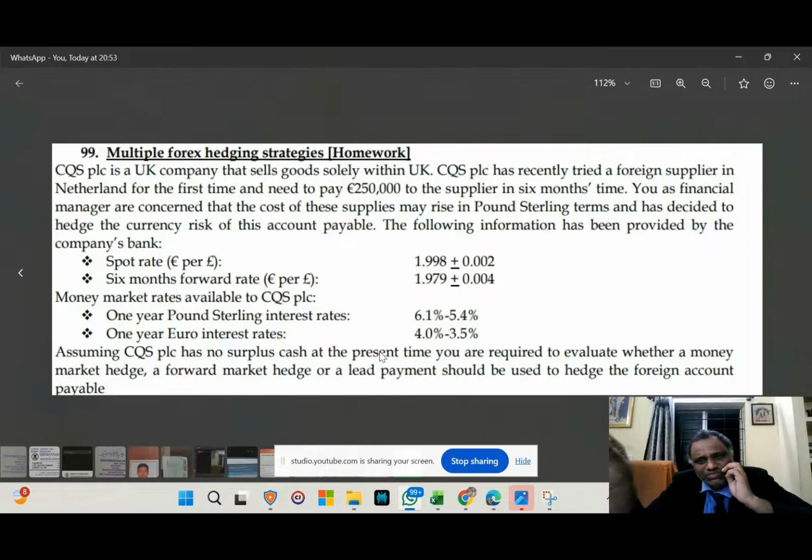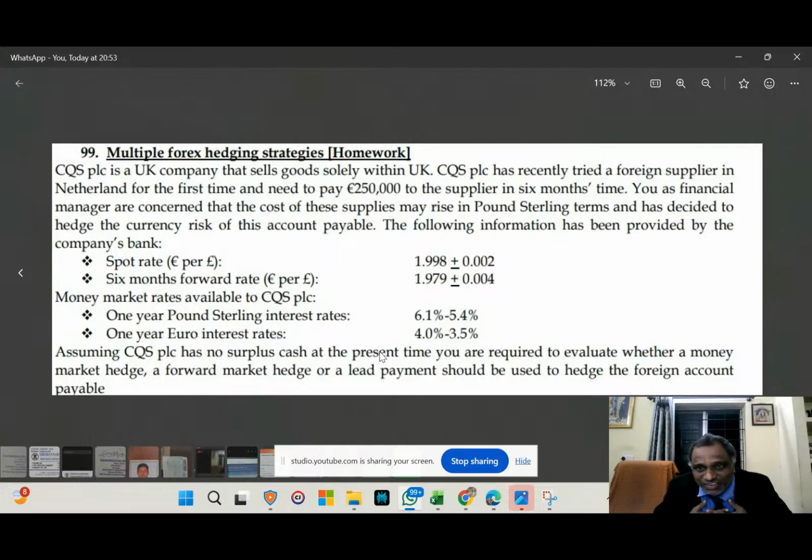CQS PLC has recently tried a foreign supplier in Netherlands for the first time and needs to pay 250,000 euros to the supplier in 6 months' time.